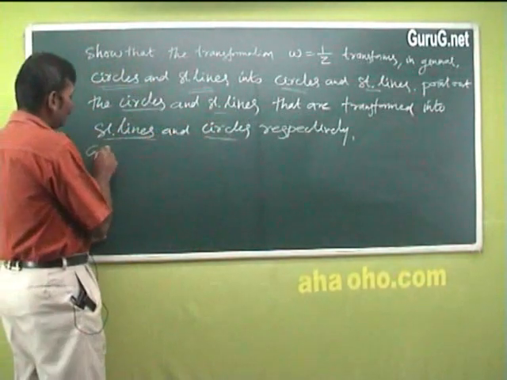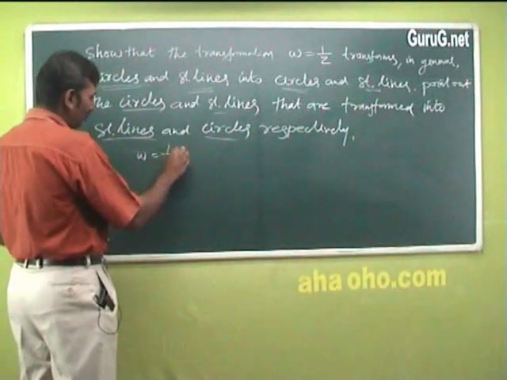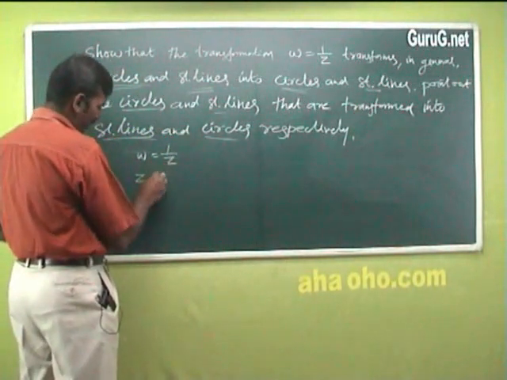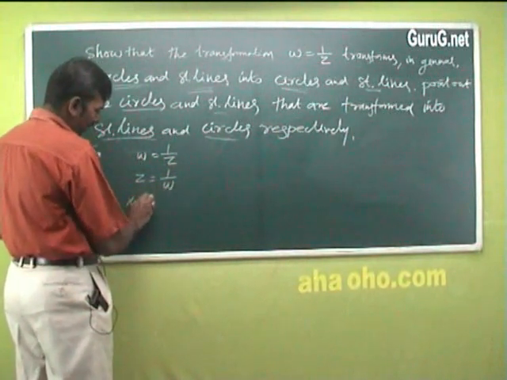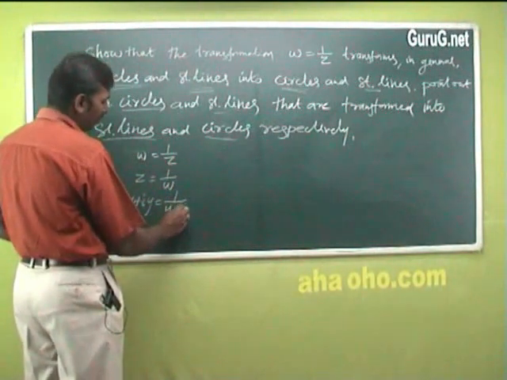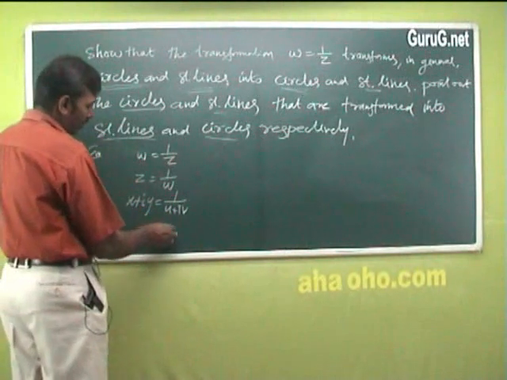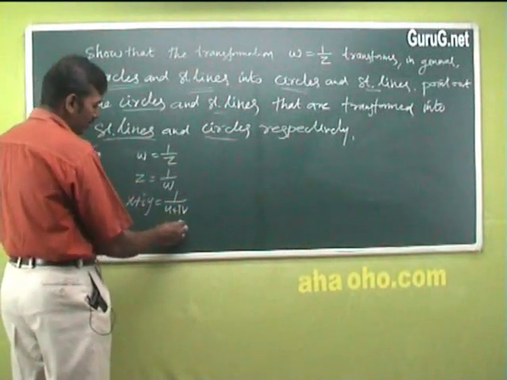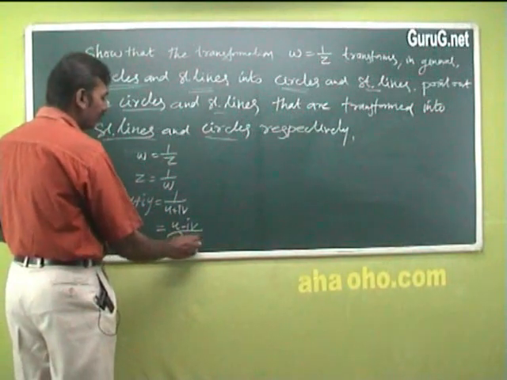So given the transformation W equal to 1 by Z, so Z equal to 1 by W. You put Z equal to X plus iY and W equal to U plus iV, which is nothing but 1 by U plus iV. To find X and Y, you multiply and divide by the conjugate, so U minus iV by U square plus V square.